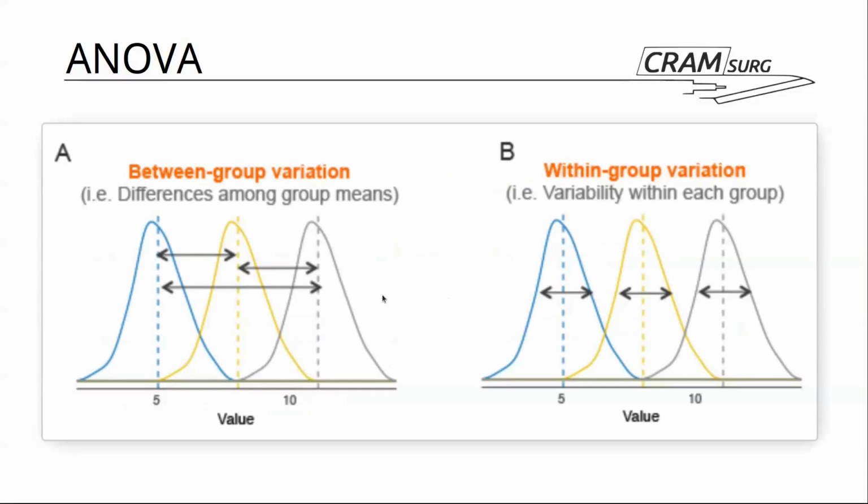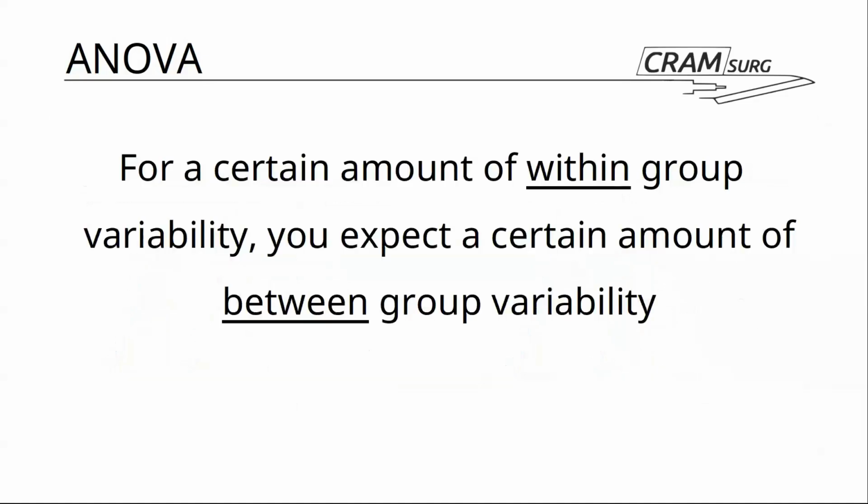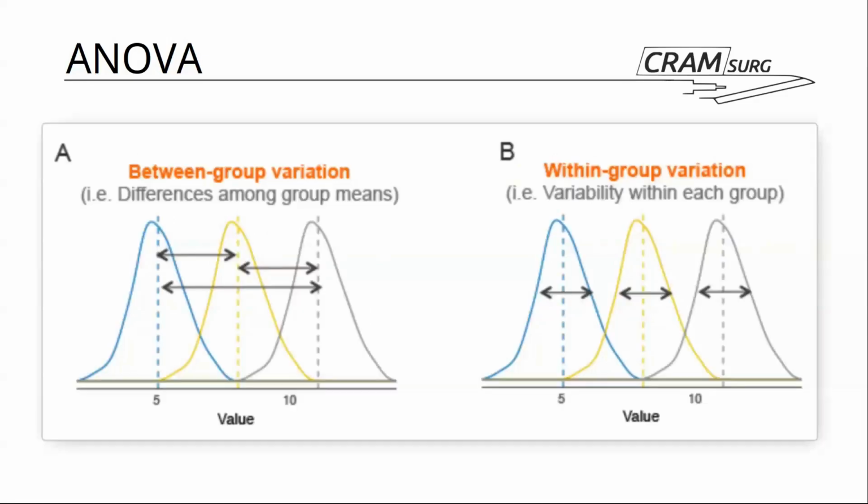So, bottom line, ANOVA works because for a certain amount of within group variability, you expect a certain amount of between group variability. So if really you have 3 batches of barley that have been taken from the same field, you would expect that their variance will be similar, although it will not be identical, and that to the variation within each of those 3 samples of barley, because they come from the same field, will correspond a certain degree of variability in the means of those 3 groups.